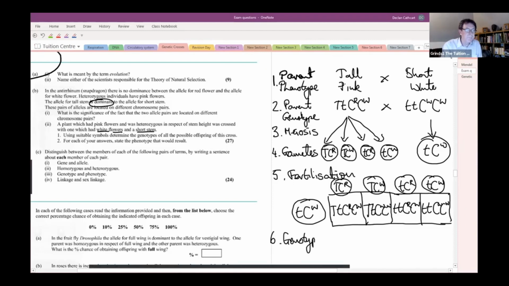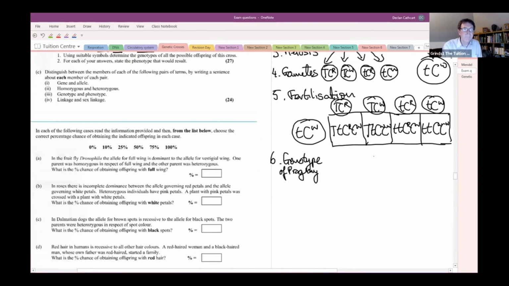So genotype of the progeny, or the offspring, and you can use either word, but just know that you do need to know what both of those words are. So we're just going to list them again. I'm not going to bother, but I would, if I was you, list them again here, and underneath that, you then put in the phenotype of the progeny. Okay, so phenotype of progeny.